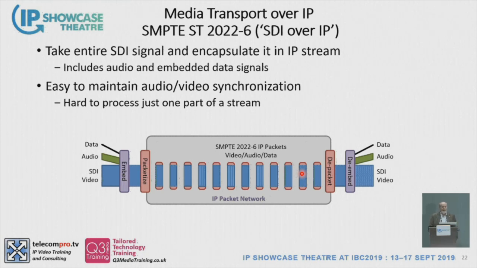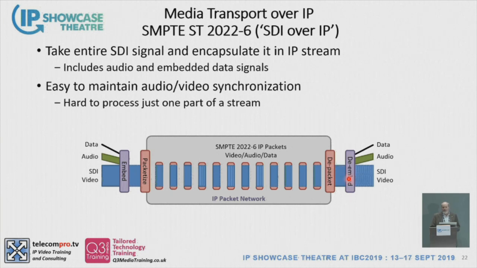It can have multiple different types of data inside each one of the packets, so that when we get to the far end, all of those relationships stay the same. The way that the video is related to the audio is related to the data, such as captions or what have you, is completely the same all the way through the entire system from input to output.